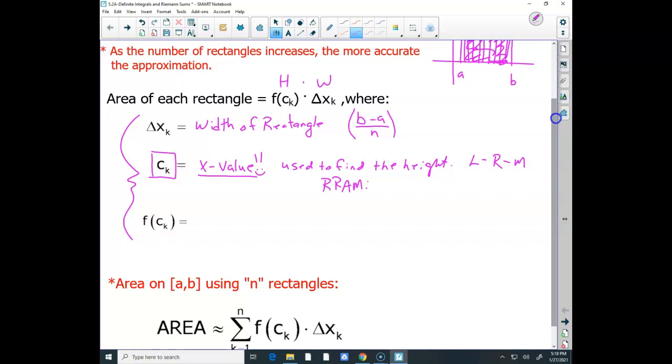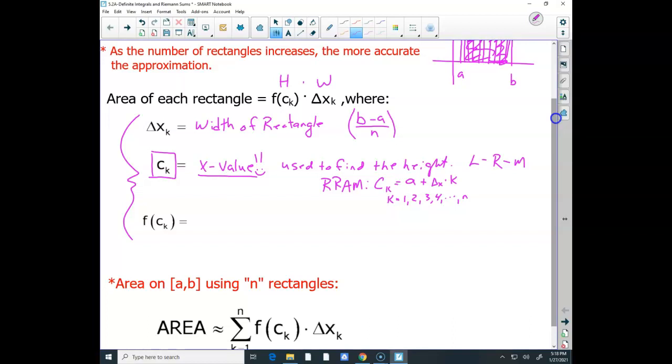And every time we said our c sub k, we said, hey, that was our a value plus our delta x times k, and we found all these heights because then k equaled 1, then 2, then 3, then 4, all the way down to the last one we had there, right? And that found all of our different rectangles. Remember, k is just a counter. C sub 3 is, oh, that's the right endpoint of my third rectangle. Big deal, okay?